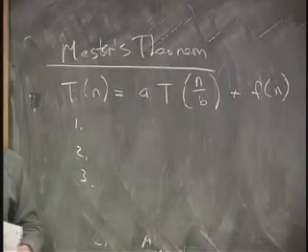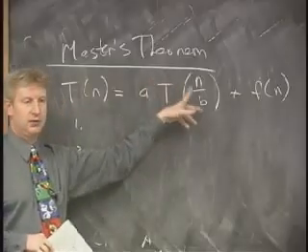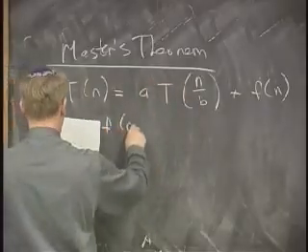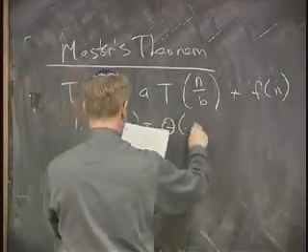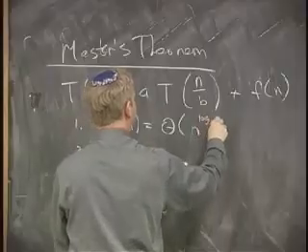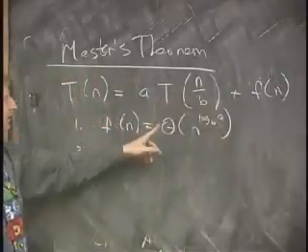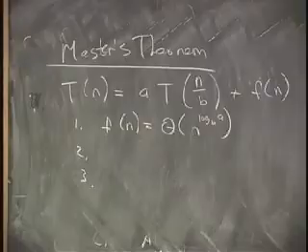And the categories compare this function to some combination of these numbers a and b. And here's what it compares. Case 1. f of n equals big theta n to the log b a. If f of n and n to the log b a are the same, that's one case. The other 2 cases are when one's bigger and when one's smaller.